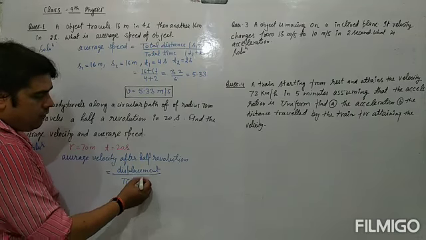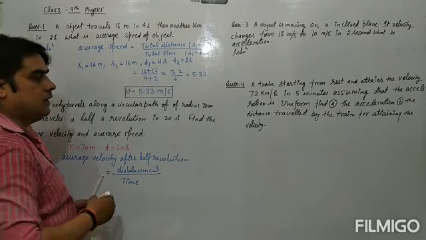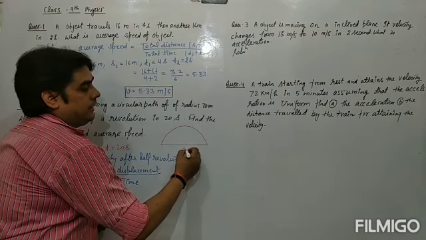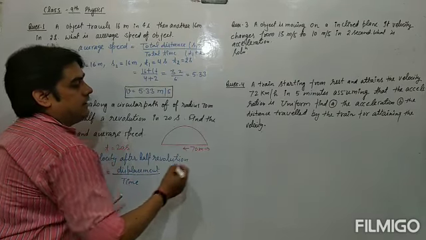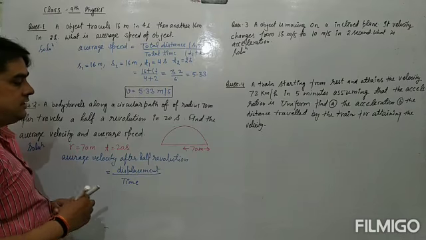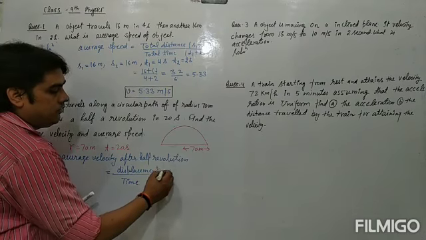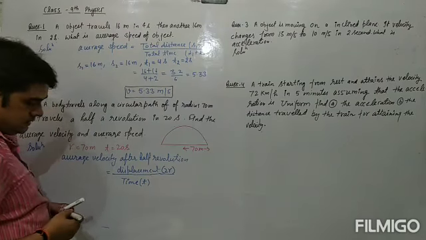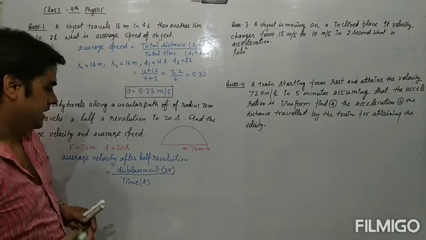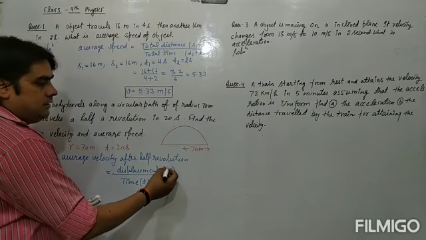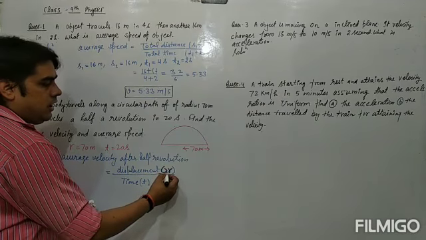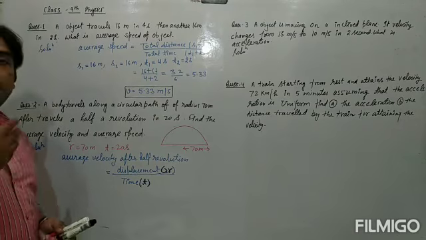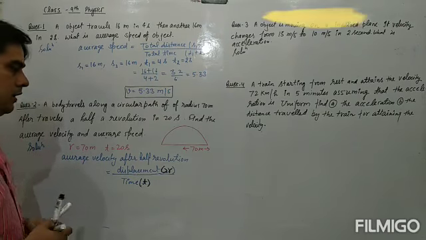And you know, when a body moves on a circular path, look here everyone, this is a circular path of radius 70 meter, then the displacement is equal to twice the radius, or in other words, the diameter of the circular path.